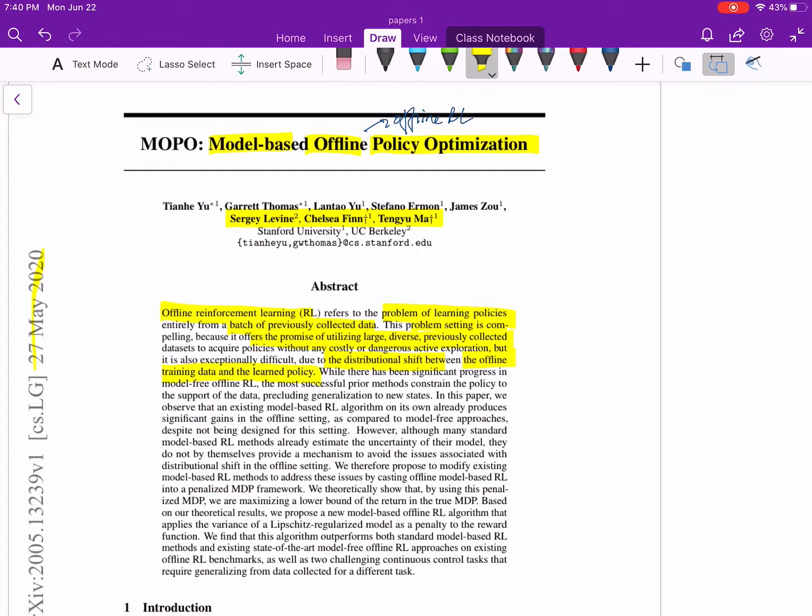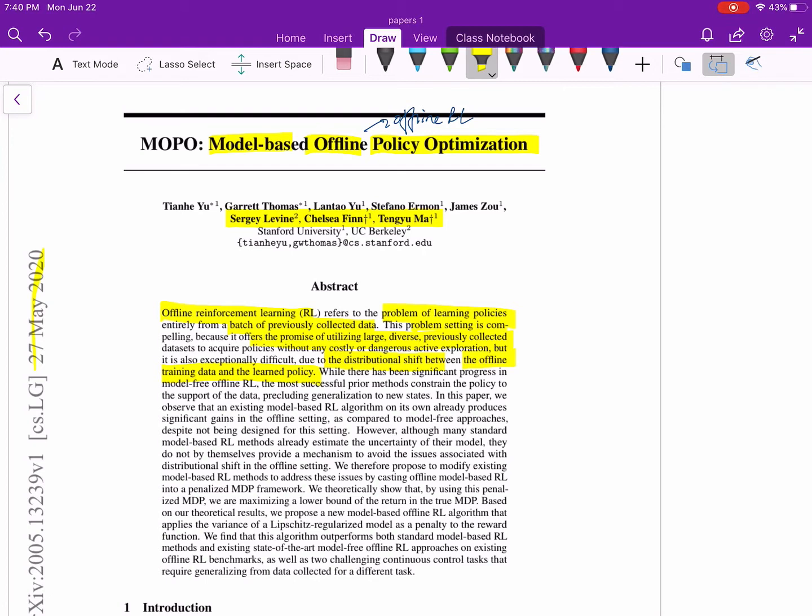Yes, this is the usual terminology which we saw in the previous video which I made on D4RL, which is essentially the paper which builds the dataset required for offline RL benchmarking. So yeah, you could go and see that. I'll put a link to that video here.